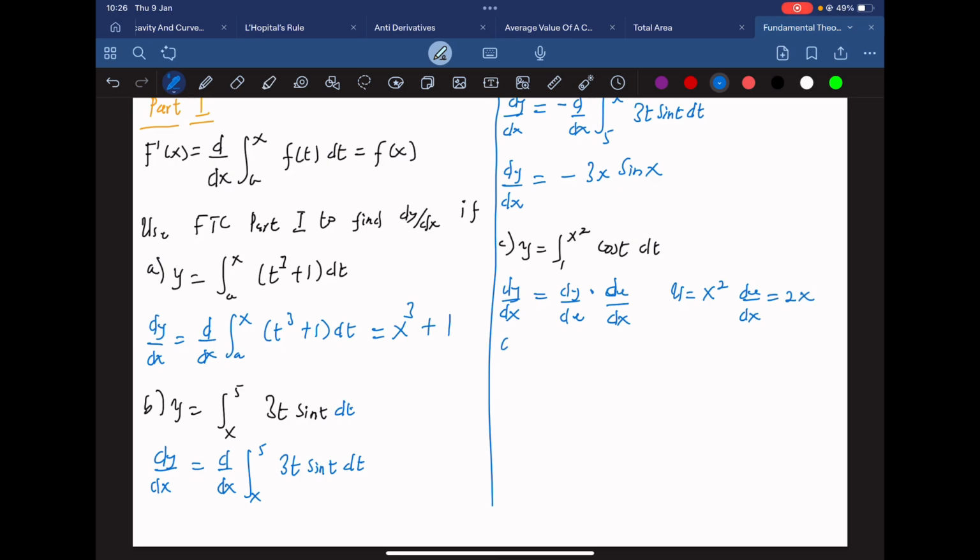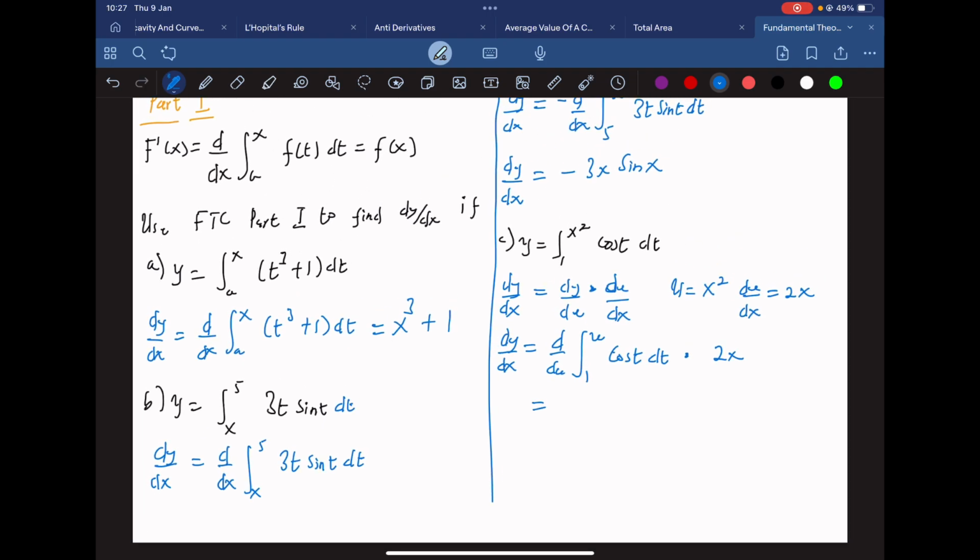So we can write our dy/dx to be equal to d/du of the integral from 1 to u of cosine of t dt, now multiplying by du/dx, which was giving us 2x.